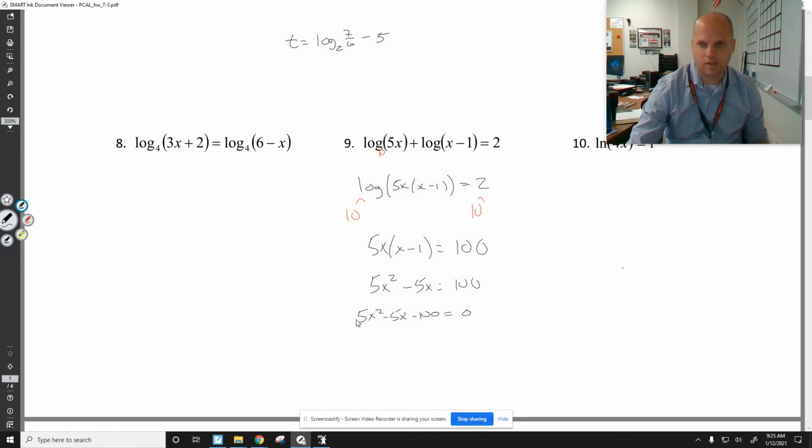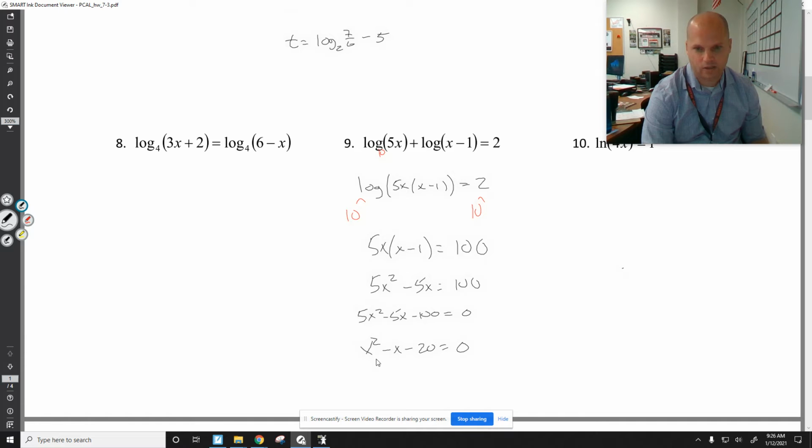Instead of trying to factor this, there is a common factor of 5. So you can divide everything by 5, including the right side. Make sure you divide the left side and the right side. If you divide everything by 5, you get x squared minus x minus 20 equals 0 divided by 5, which is 0.